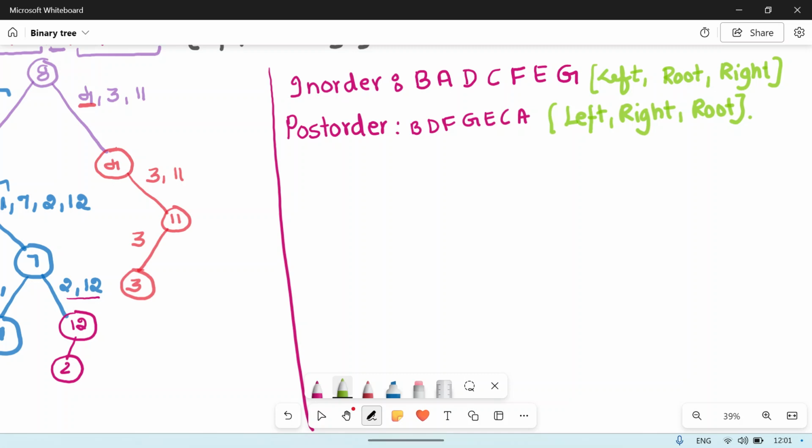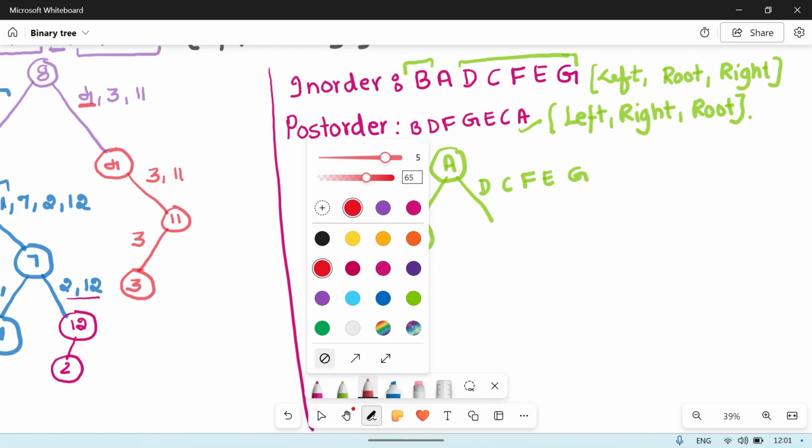Okay, so root is over here, A. So A I will write as a root. So to the left, I have B, and to the right, I have D, C, F, E, and G. So B is only having one node, so no problem, that becomes a left child.